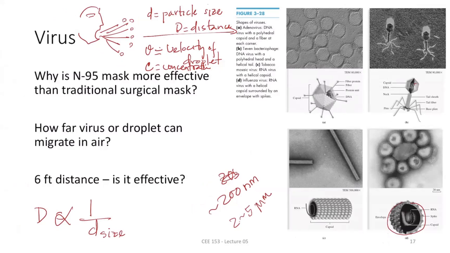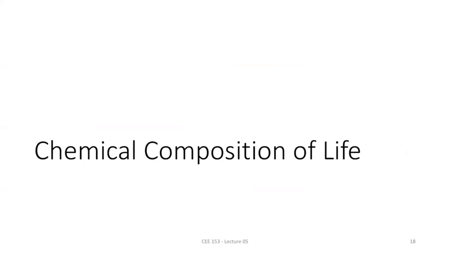All right, so now let's think of, we talk about bacteria, viruses, all that, but at the end of the day, they are made of some chemical building blocks. Okay, that's what made our skin, that made our cells, or different things. So understanding that chemistry is important.